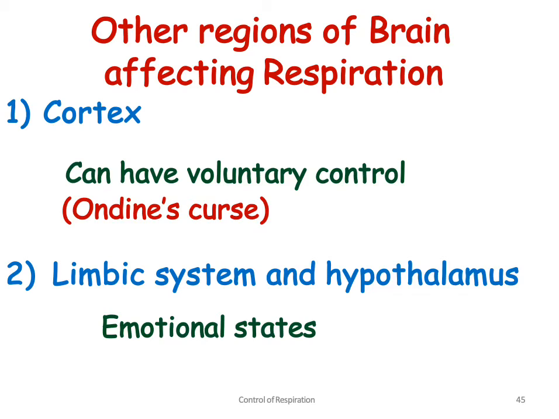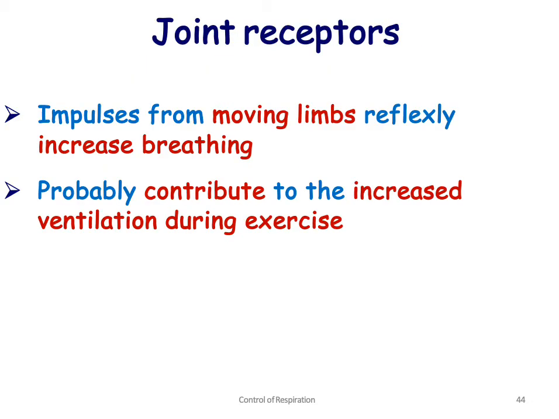A second region of the brain that also affects respiration is the limbic system and also the hypothalamus. This will be activated by stimuli from emotional states. Another stimulus that affects respiration is input from the joint receptors.